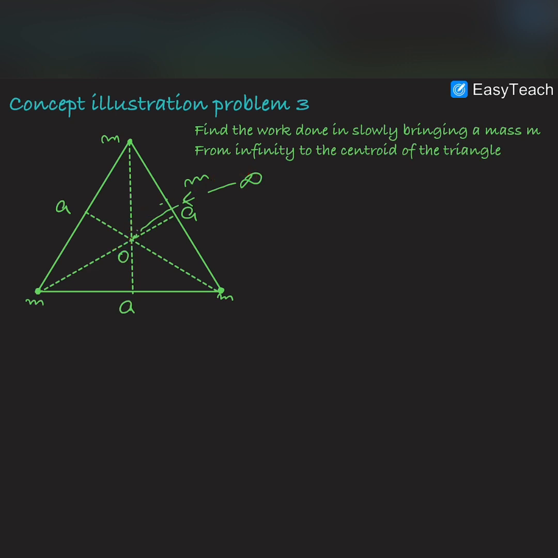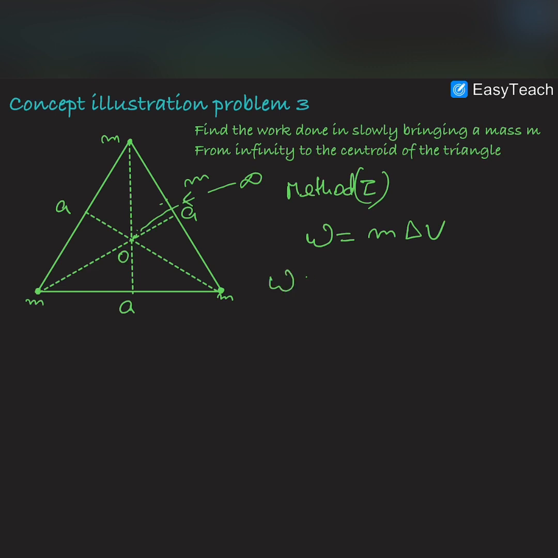Again we are discussing two methods to solve this problem. Method 1, which is the recommended method, is the method of work done, calculating the work done by the formula m delta V. This is the best method, which we can use to calculate these types of questions in the quickest time.